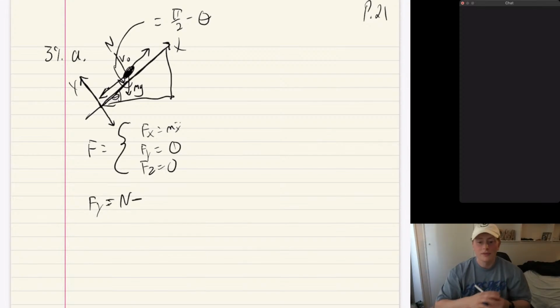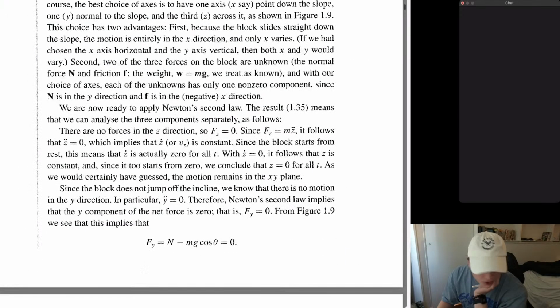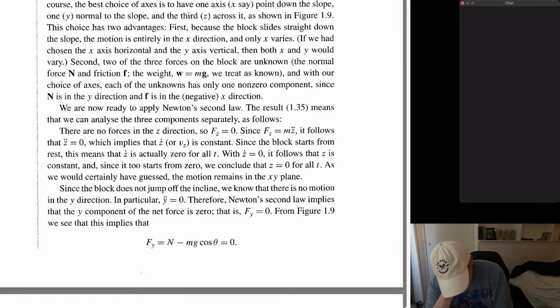I feel like it's, why would it not be sine theta? No. Let me show you the example I'm looking at. So what would this be? I'm looking at my thing sideways. What would that angle be? I don't think it's theta.